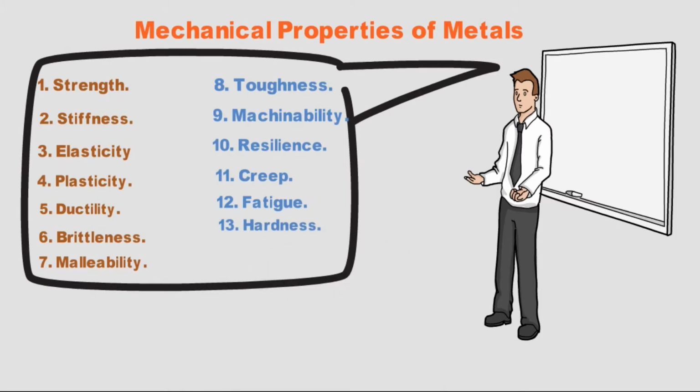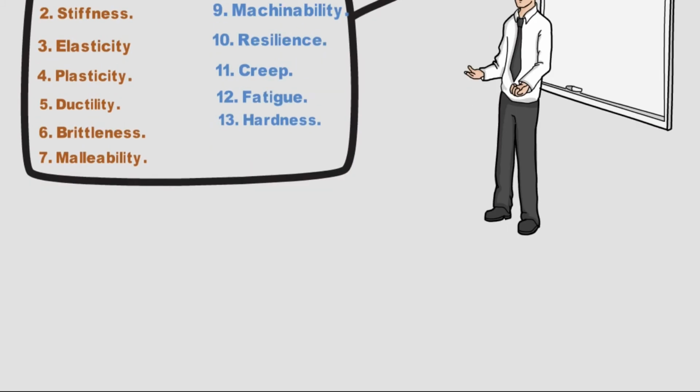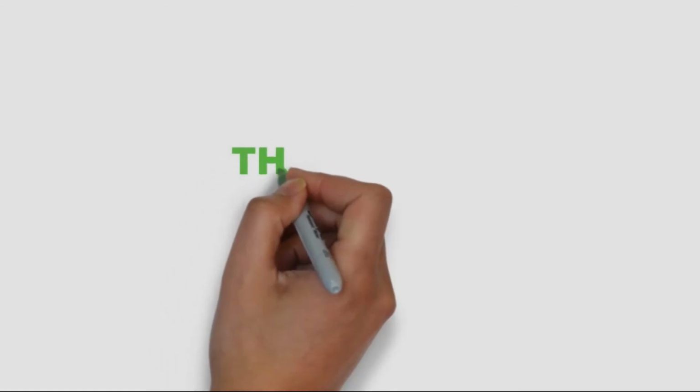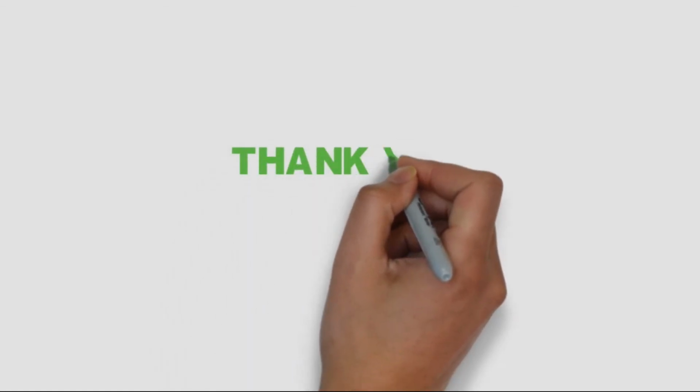It is a very important property of metal. It has a wide variety of meanings: resistance to wear, resistance to scratching, resistance to deformation. It is called hardness. It is the ability of a material to cut into another metal.